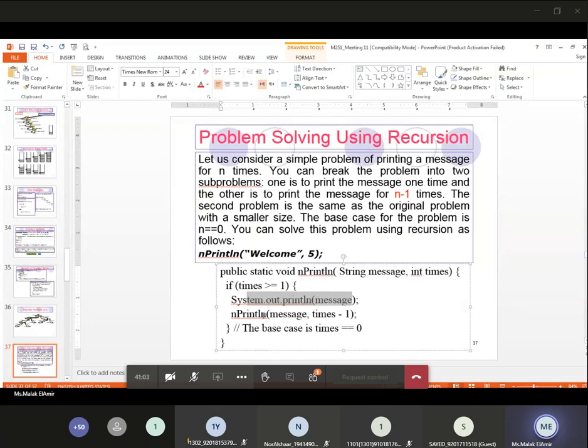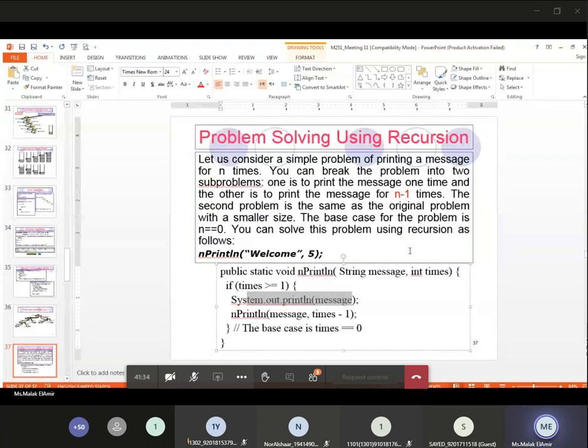And recurse again with the message and 3 minus 1, 2. 2 greater than or equal to 1, true, so print the message and call again with 2 minus 1, it will be 1. 1 greater than or equal to 1, true, so print it and recurse with the message and 1 minus 1, which equals 0.